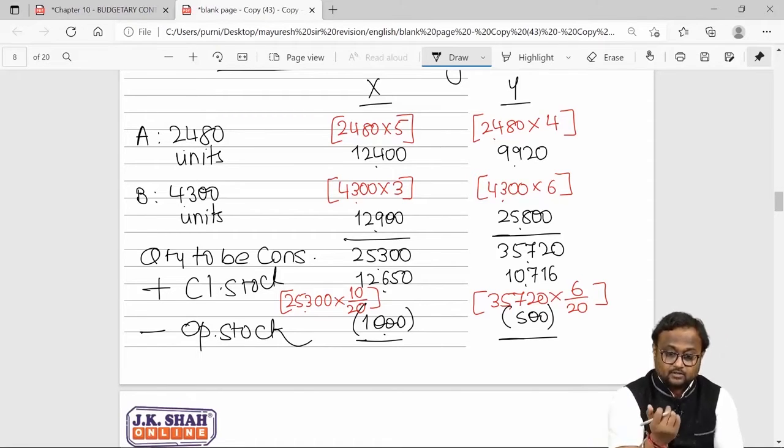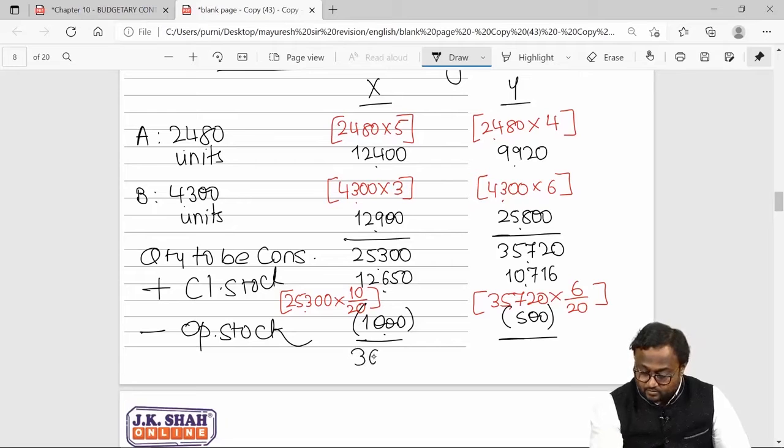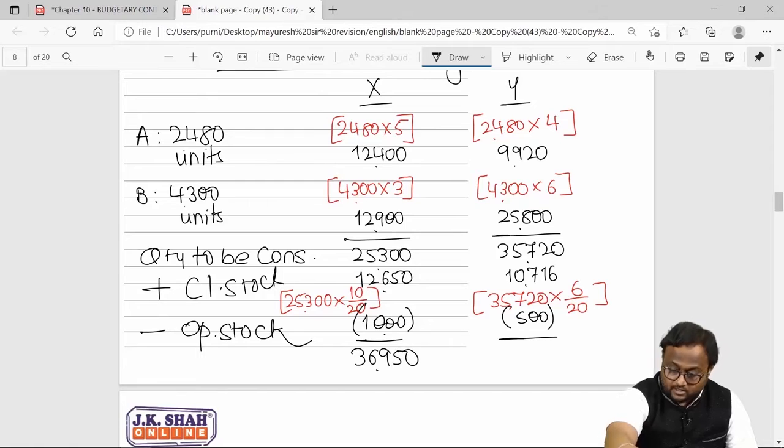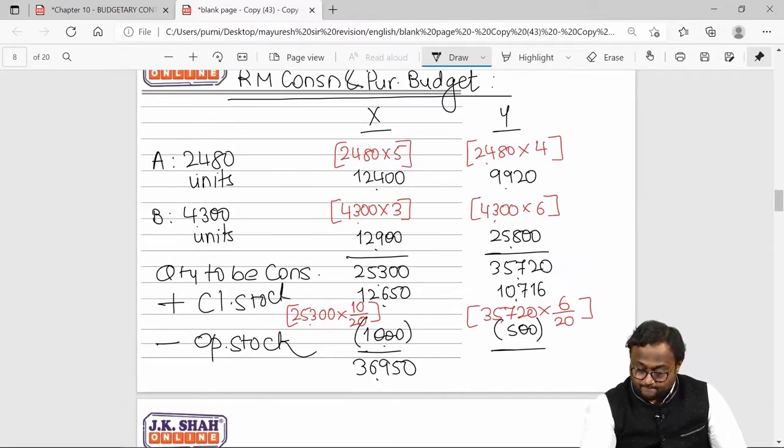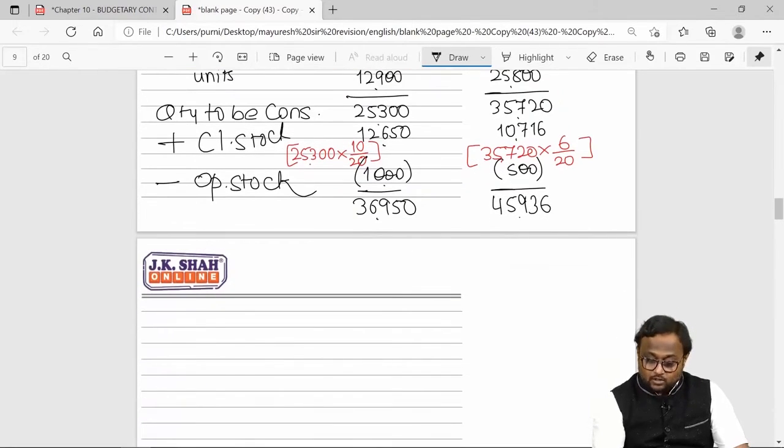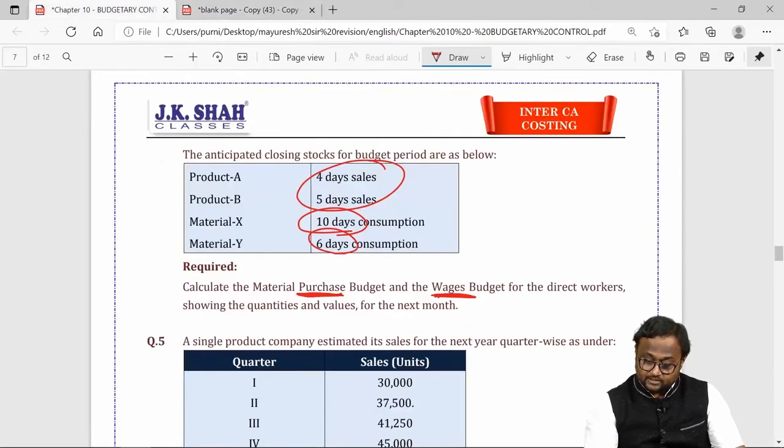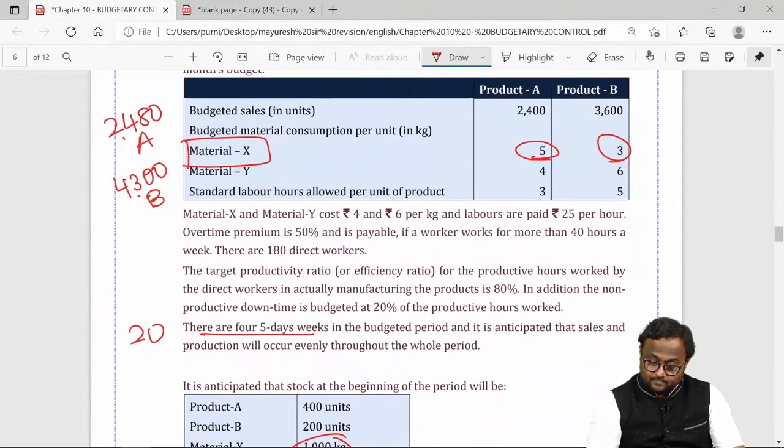So 25,300, 12,650 minus 1,500, 36,950, and 35,720 plus 10,716 minus 500, 45,936. This is what I need to purchase. Raw material to be purchased, quantity.